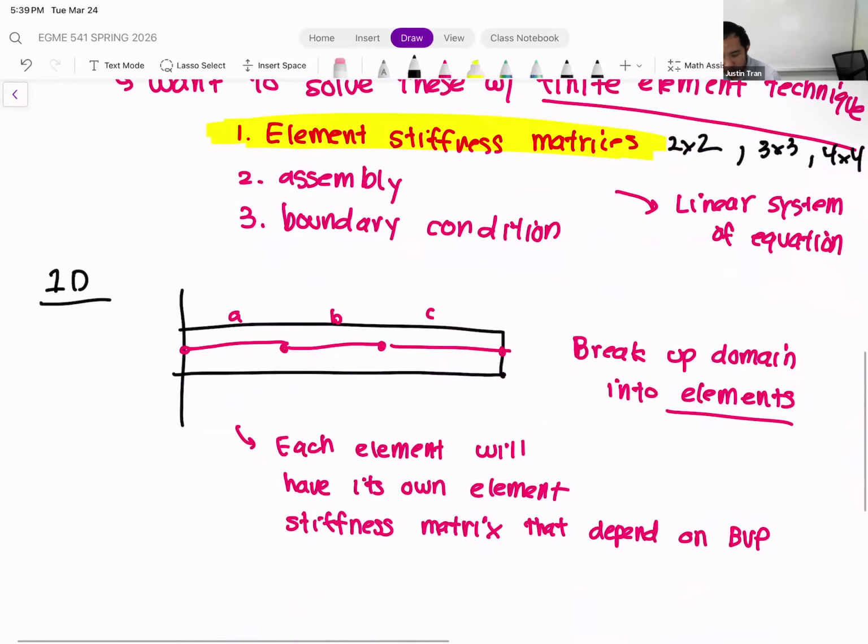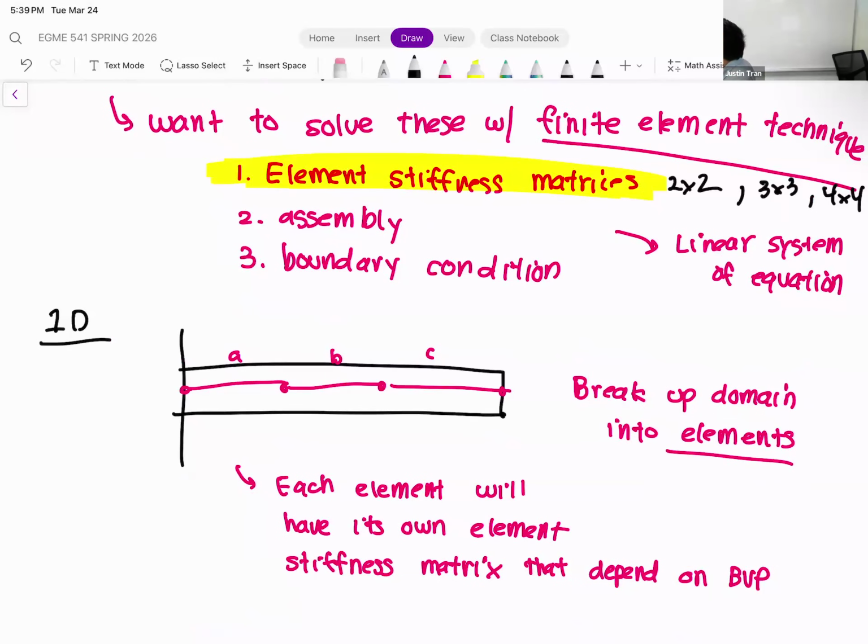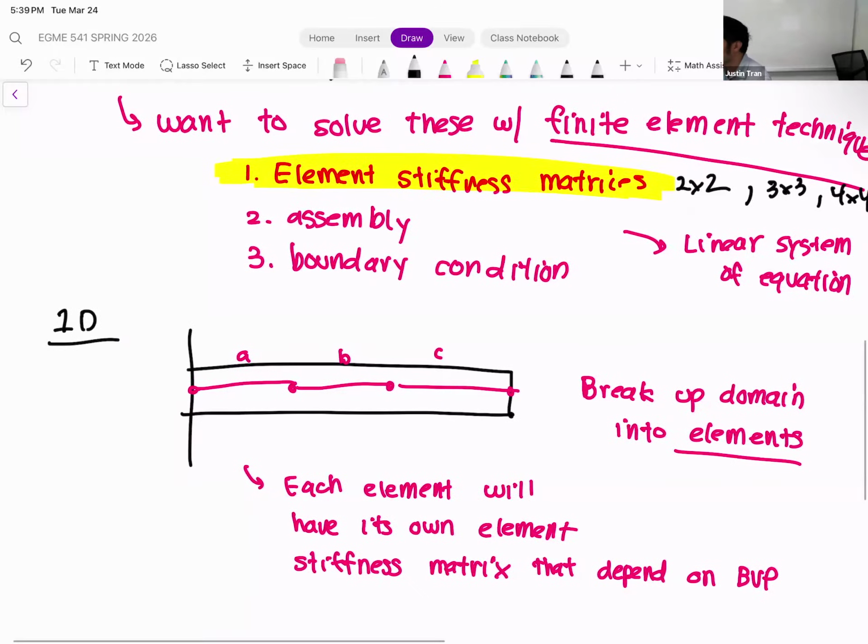I know we stopped right in the middle of the derivation last time. Before we jump back into it, I wanted to go over this general approach so you know exactly what we're doing. Any questions on this? All right. So let's jump back into the derivation of the element stiffness matrix for a 1D boundary value problem.